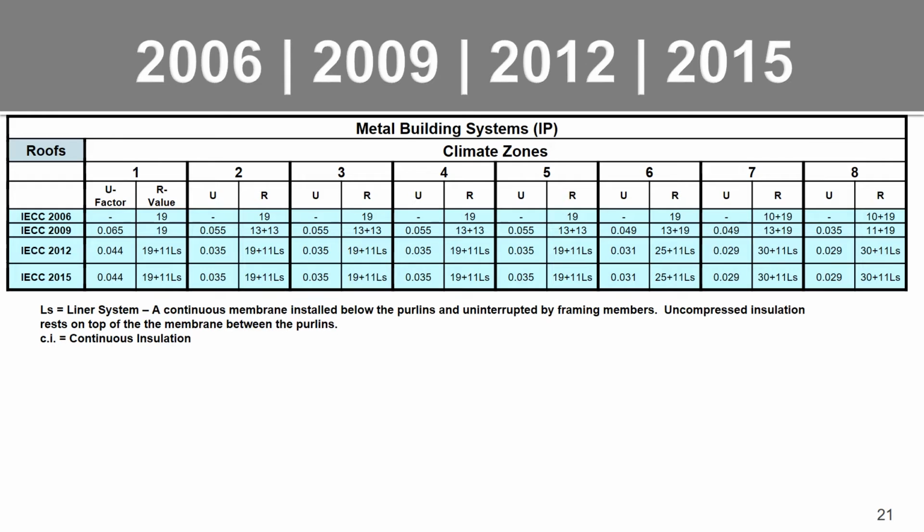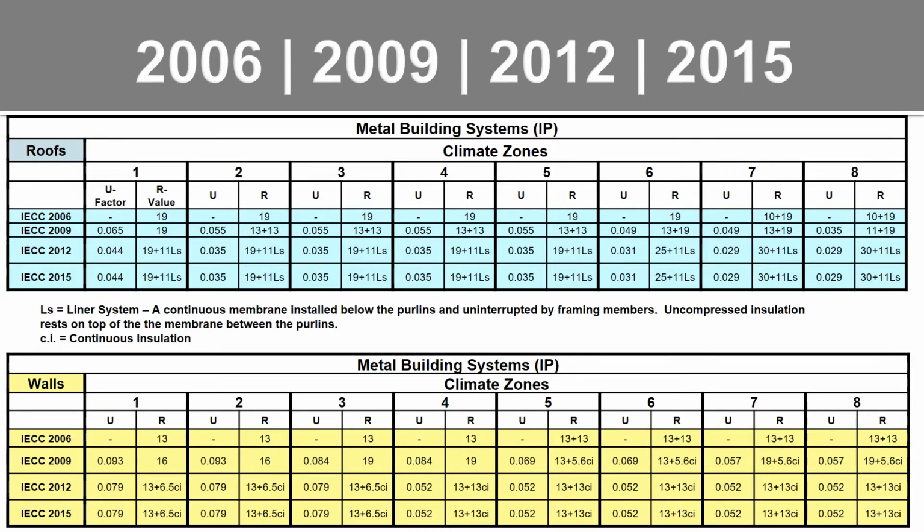We pretty much have met or maxed out on how much insulation can be included within a metal building. So you'll notice no changes in the 2012 and 15 IECC, and that should be the case in the 2018 Energy Code. And this is what it looks like for the walls.